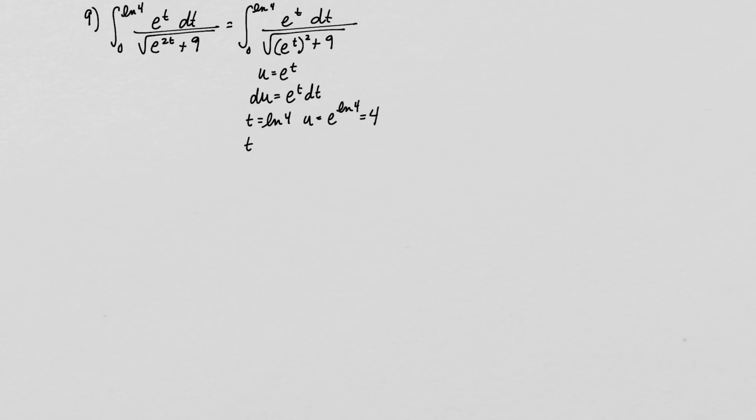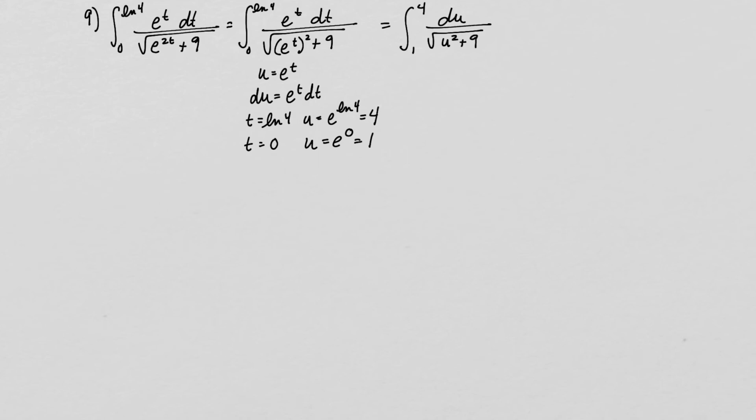When t is equal to 0, u is going to be e to the 0, which is just 1. So I made the problem a little bit nicer: now it should just be the integral from 1 to 4 of du all over the square root of u squared plus 9.